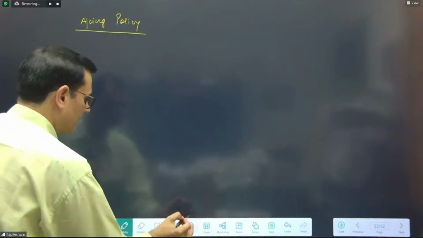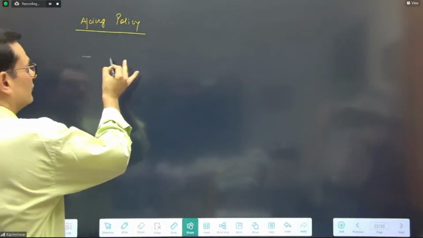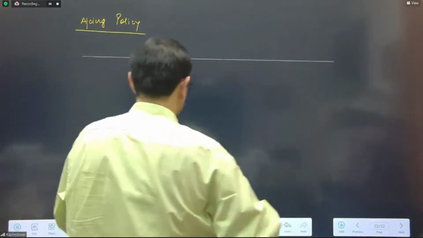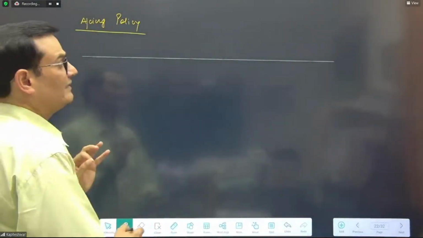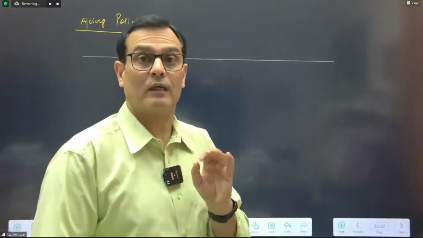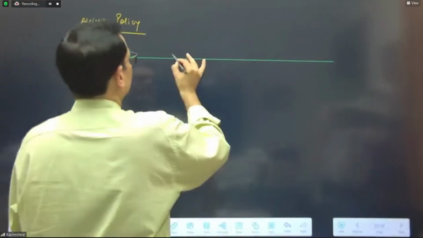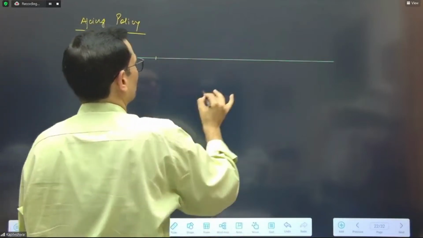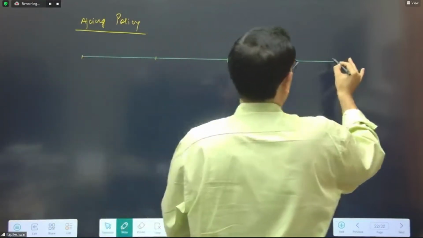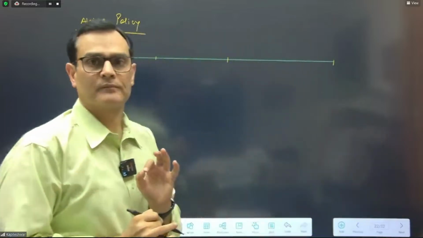Now, once the company makes a change, see what we are going to do. Have a look at this very carefully. Let's take a time scale and watch this very carefully, because I'm going to introduce a concept, what you might have done in Ind AS 1 along with this. Let's consider on a time scale, year 1, year 2, as well as year 3.